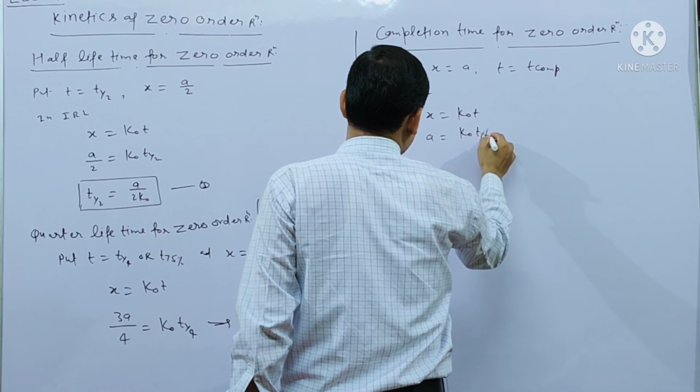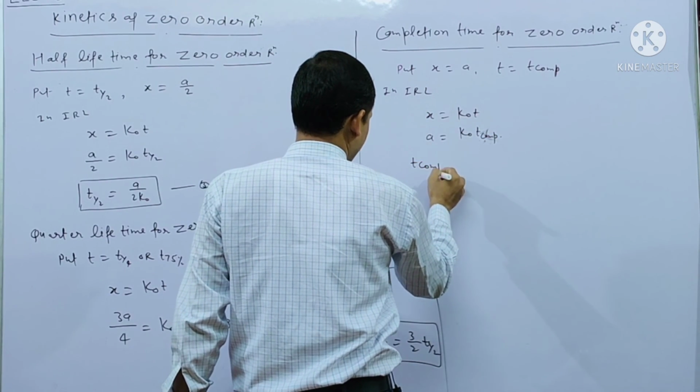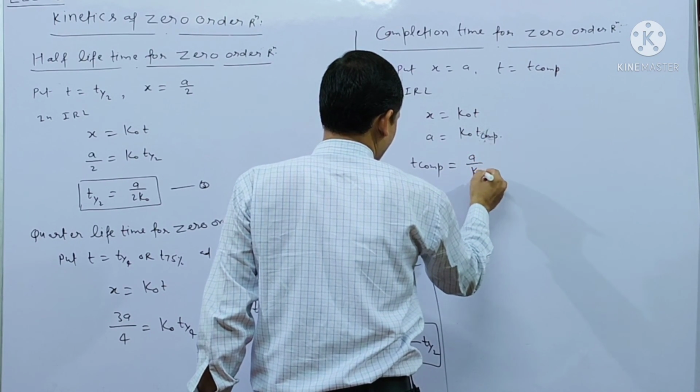So the completion time equals A upon K naught.